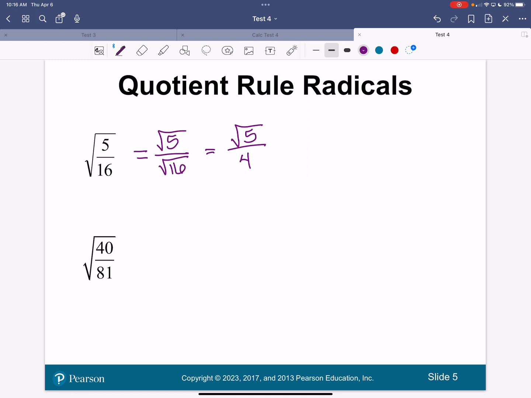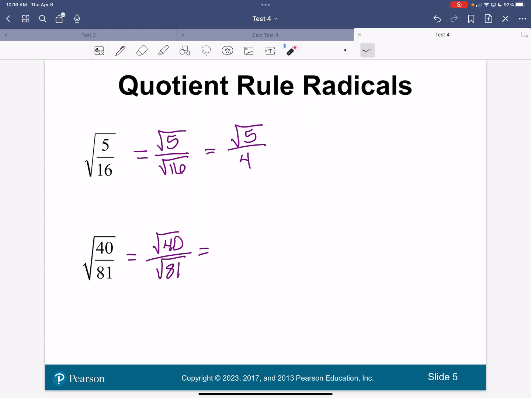Okay. Now we're getting into some stuff that's a little different. So let's focus on this right here. I've got the square root of 40 over the square root of 81. Okay, I'm going to break that up into the square root of 40 over the square root of 81.